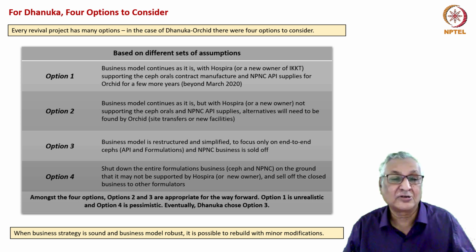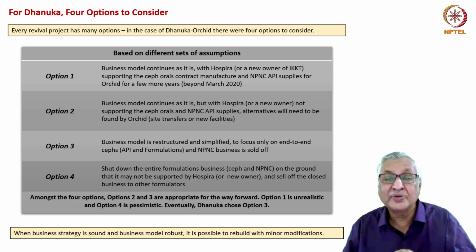Option 2, business model continues as it is, but with Hospira or a new owner not supporting the CEF orals and NPNC APA supplies. Alternatives will need to be found by Orchid through site transfers or new facilities.